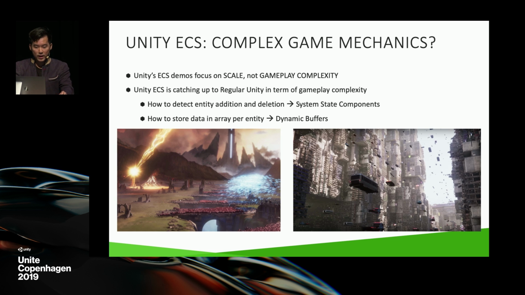So we can see the pattern here that Unity ECS is catching up with regular Unity in terms of gameplay complexity. And during this keynote, you all know that they will convert more and more Unity features to DOTS.